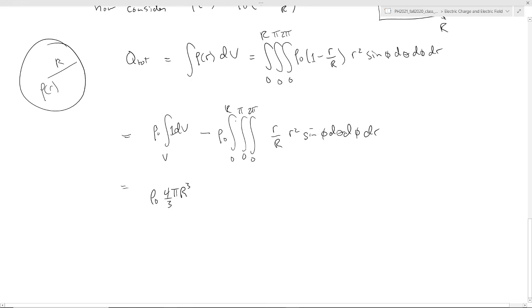So we would pick up our same 4 pi factor from the angular pieces. And then this would become an integral of r cubed over big R. So that's a constant as well, but I'll leave it there for now. And what does that equal? Well, we would have r to the fourth over 4.